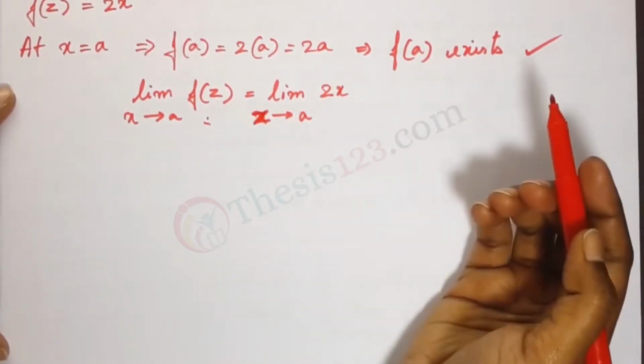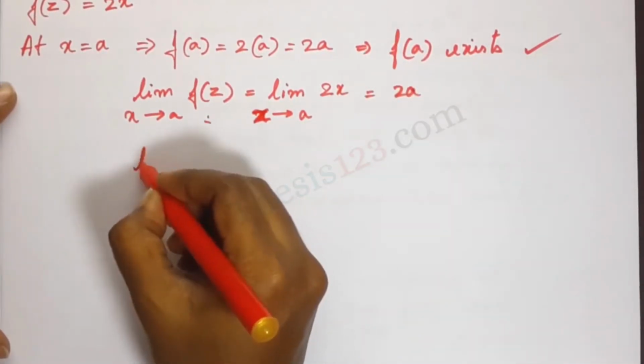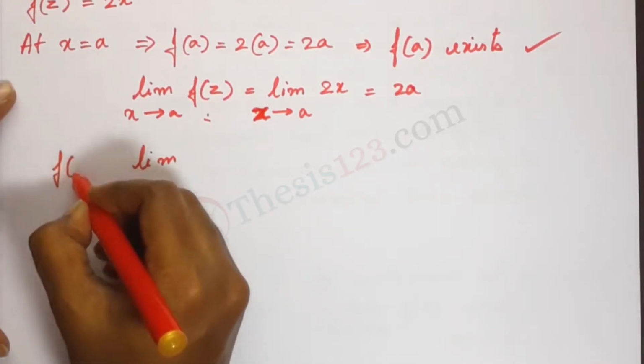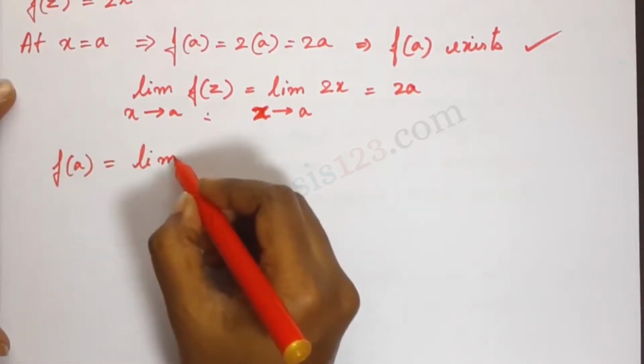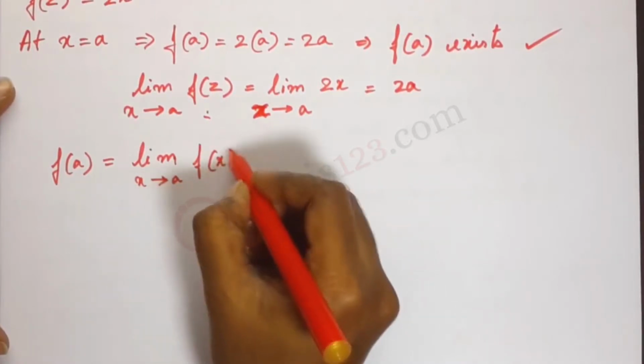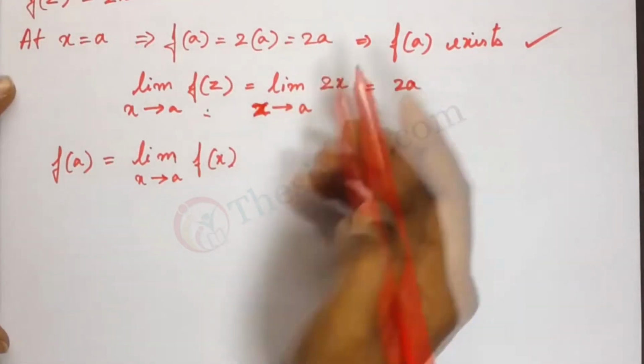So it definitely does exist. This will give us 2a. Next condition says that f of a should equal the limit of x tends to a, f of x. Now what is f of a? We found that f of a is 2a.